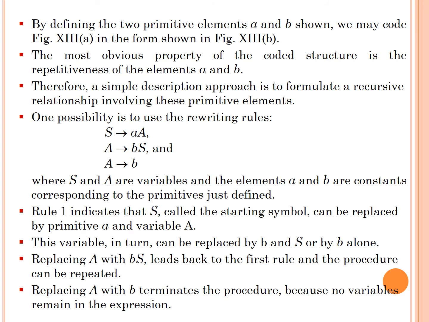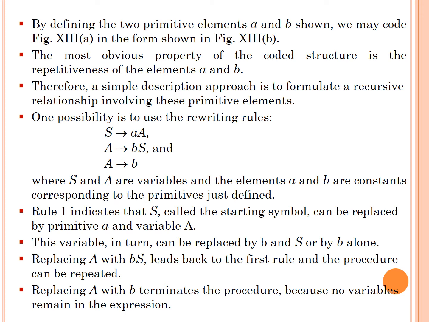By defining the two primitive elements a and b shown, we may code figure 13a in the form shown in figure 13b. The most obvious property of the coded structure is the repetitiveness of the elements a and b. Therefore, a simple description approach is to formulate a recursive relationship involving these primitive elements.